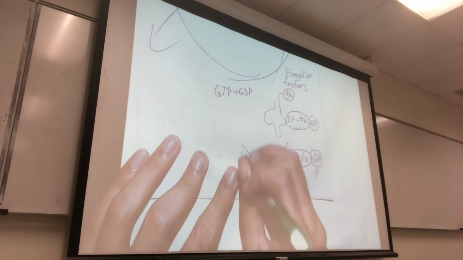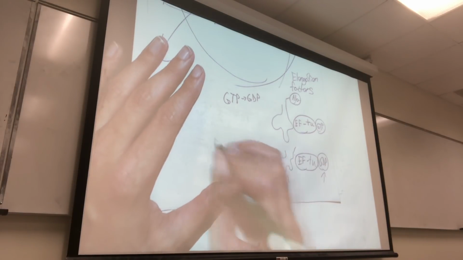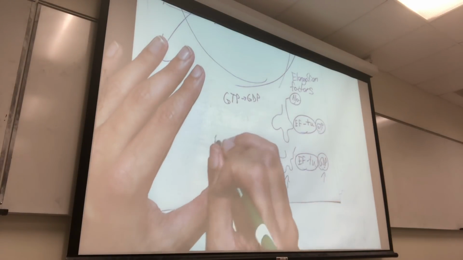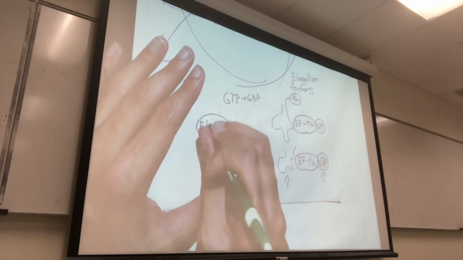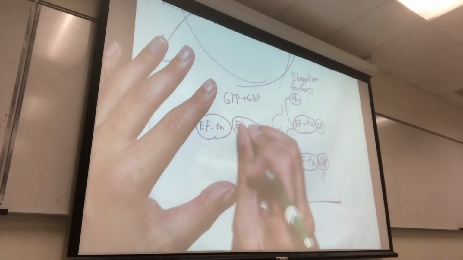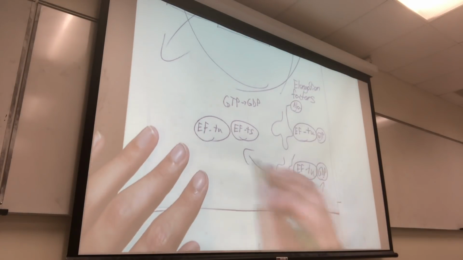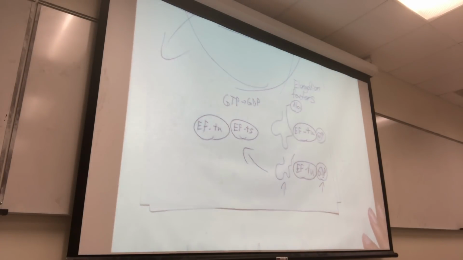That's what the animation would usually talk about, and basically the way it goes is that GDP gets replaced by another elongation factor called elongation factor Ts. All right? That GDP gets replaced by another elongation factor called elongation factor Ts, thermostable.